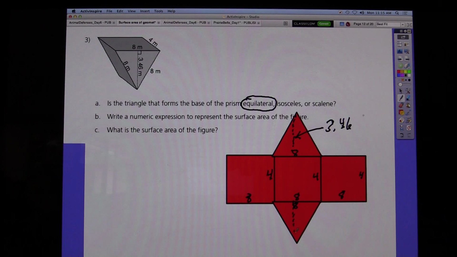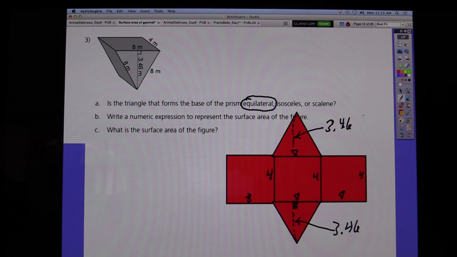And then the height would also be 3.46 meters. Now, I didn't bother putting my units of measure just to save a little time, because this net is for me. It's not for me to have to turn in to anybody. It's just for me.